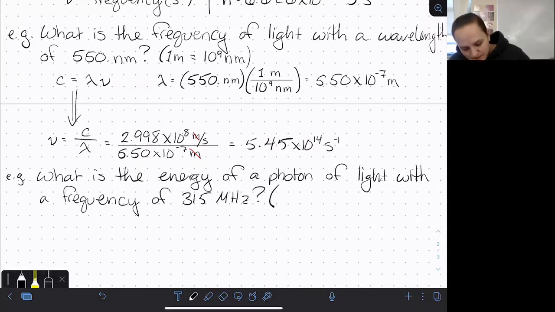And I will tell you that there are 10 to the 6th hertz in 1 megahertz. So pause here, give this one a try on your own, and then we will do it together.